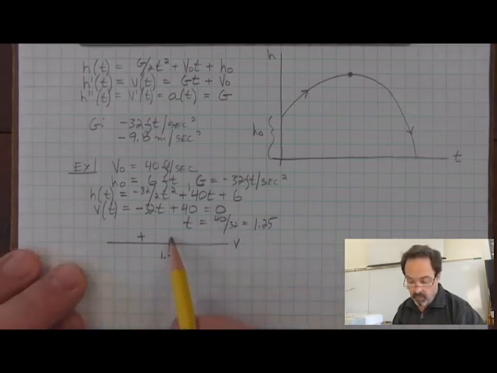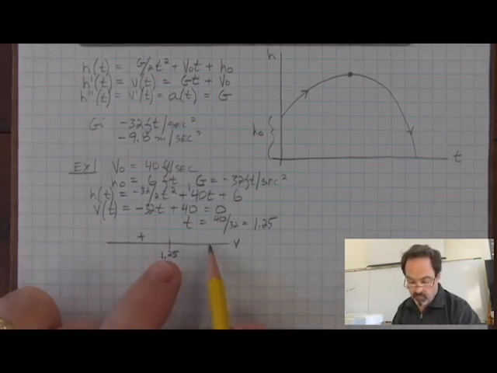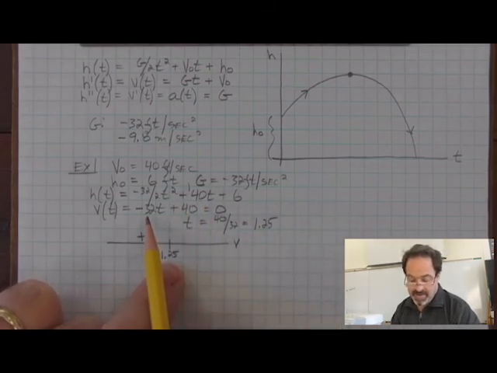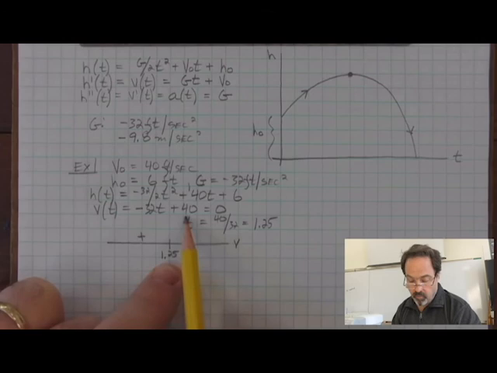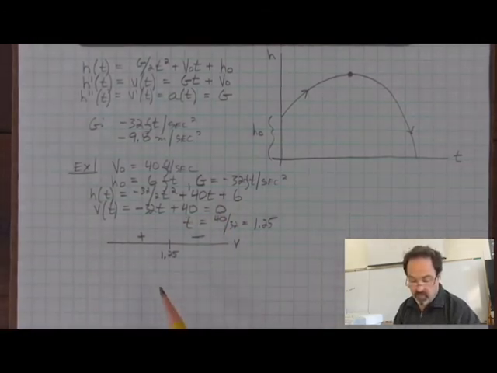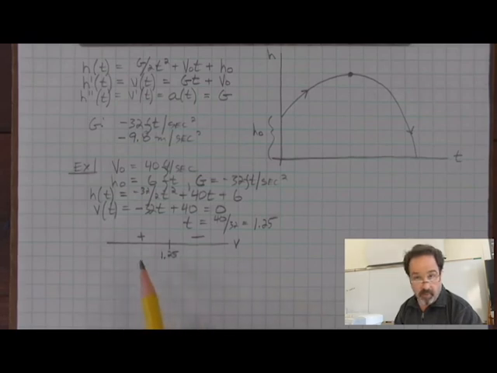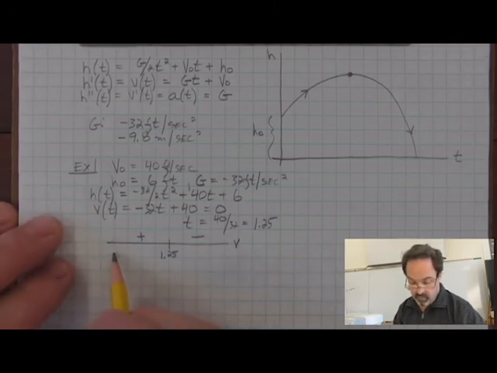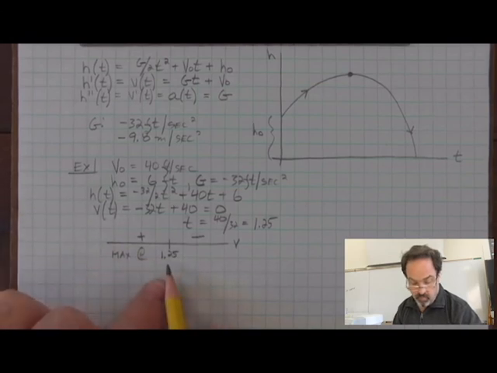If I put a number after 1.25, this critical point, like 2 into the velocity equation, I get negative 64 plus 40, which is still negative. In this case, because the derivative was positive, or increasing, before reaching the critical point and negative after, this has been justified to be a max. We have a maximum at 1.25.